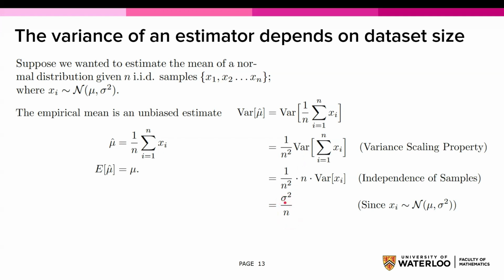Since each xi is independent with the same variance sigma squared, the math works out cleanly like this. We can see that the variance of our estimate is inversely proportional to the number of samples that we have. So as we collect more data, this estimate of the mean is going to become more stable, and we're going to become more confident that our sample mean is close to the true mean.